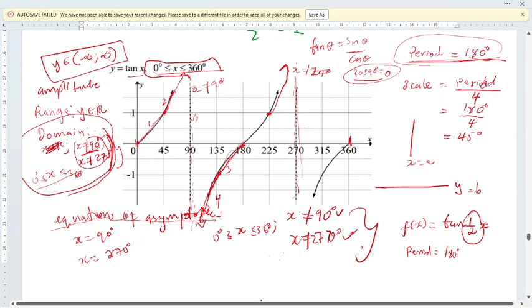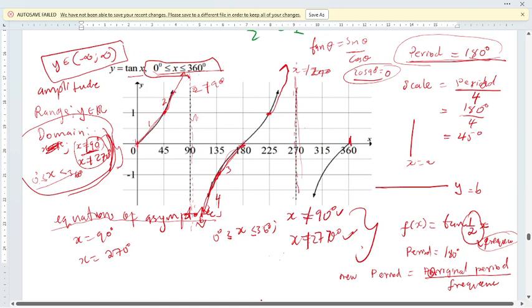Now remember, when we want the period of the new graph, new period equals the original period divided by the frequency. What is frequency? This number there stands for frequency.